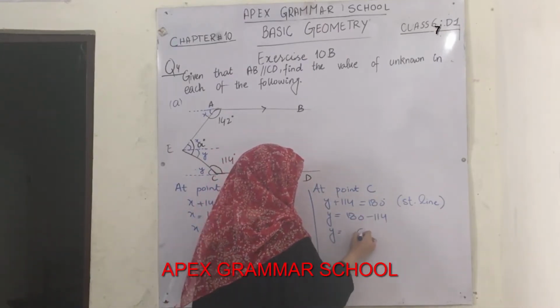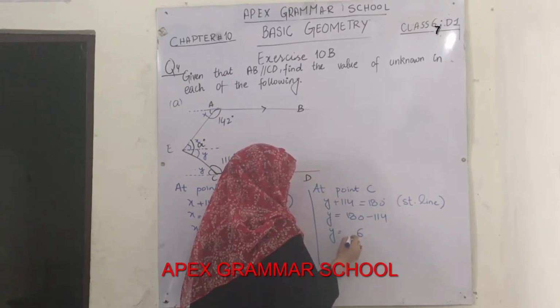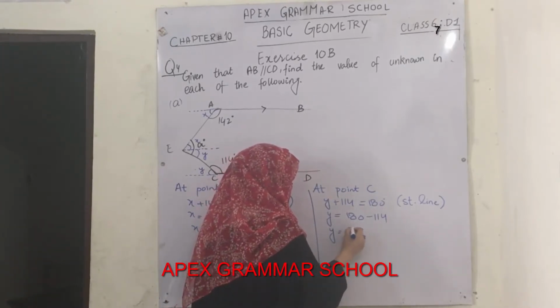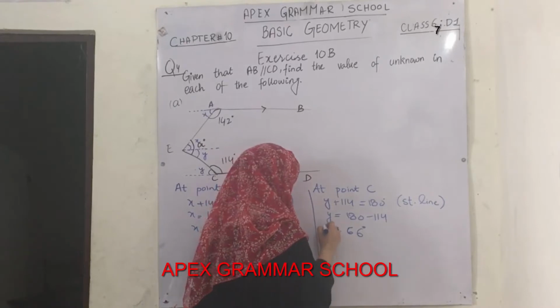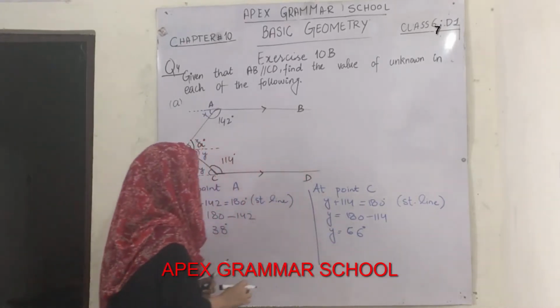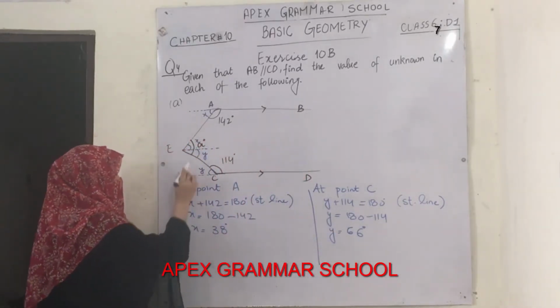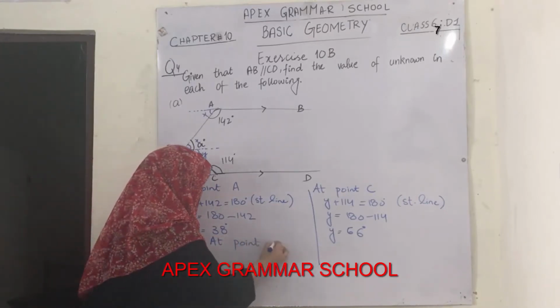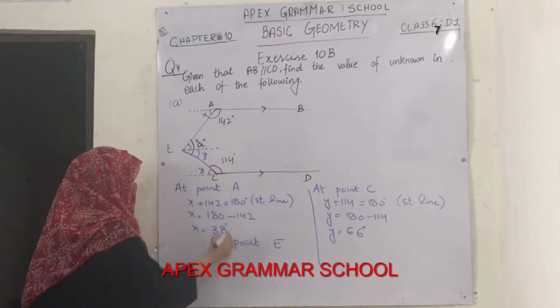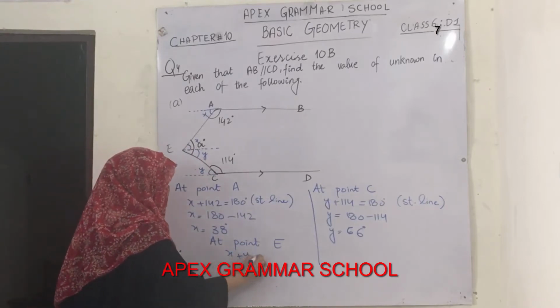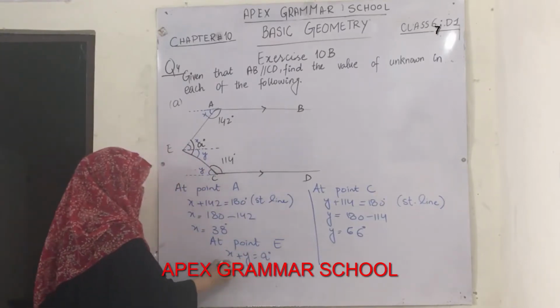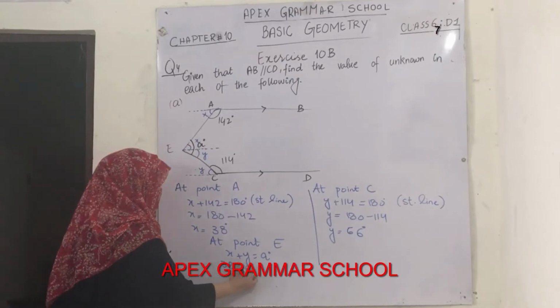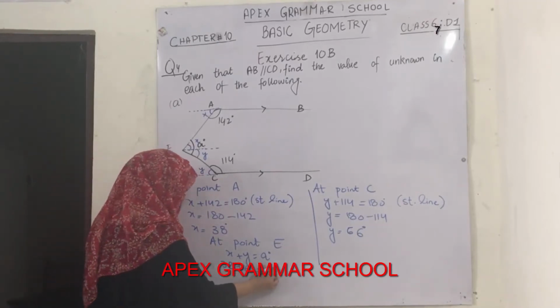After subtraction, you get the value of Y to be 66 degrees. Now we have to find the value of A at point E. At point E, you can see that X plus Y is making the complete angle A. The value of X is 38 and the value of Y is 66, so A is equal to 104 degrees.